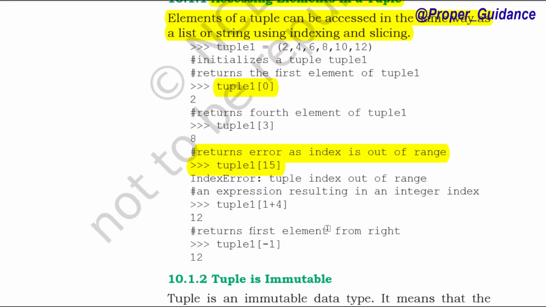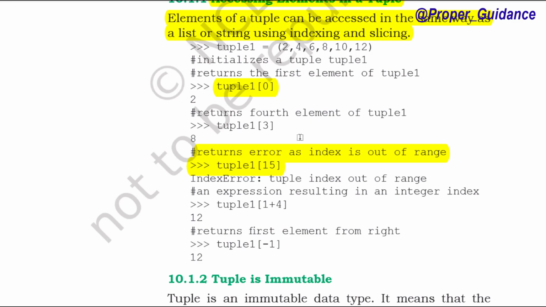There is one thing. Suppose there are 6 elements, 2, 4, 6, 8, 10, 12, and you are asked to access the elements. It may be from the left-hand side or from the right-hand side. By default, when we give an index like tuple1[0], it gives the result from the left-hand side. But it is not mandatory to always access elements from the left. You may also access them from the right-hand side.